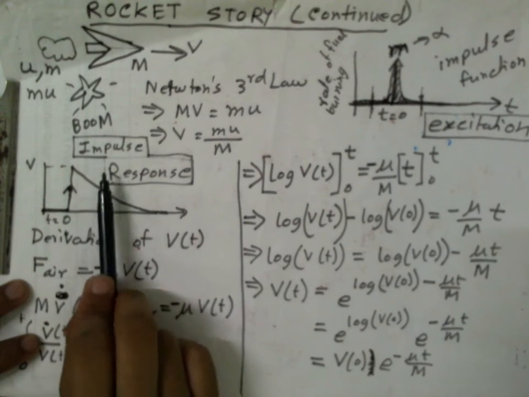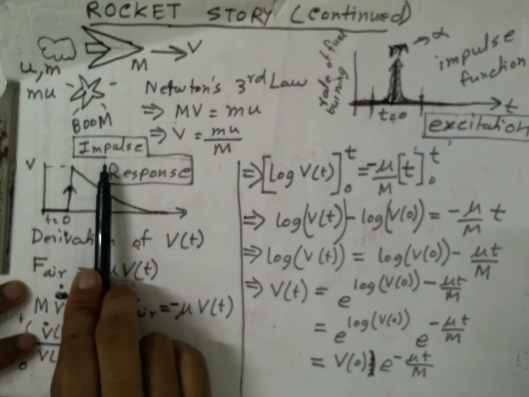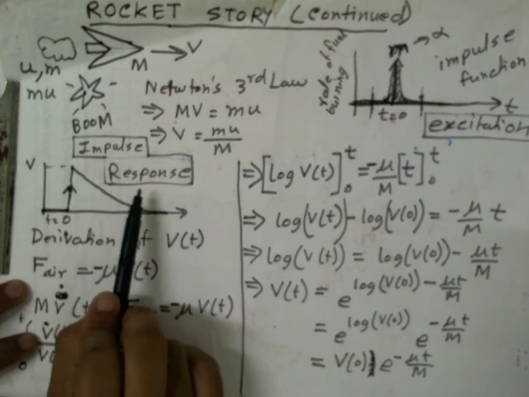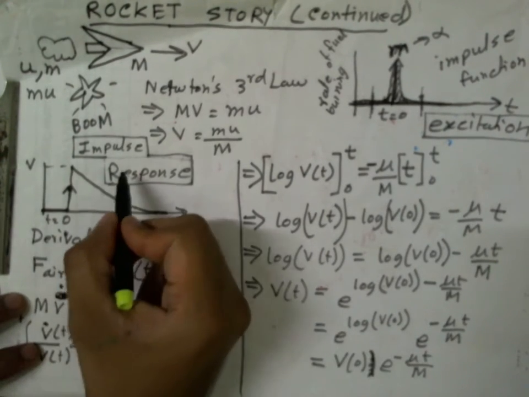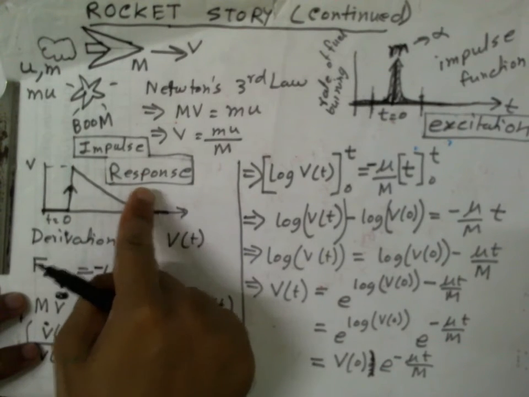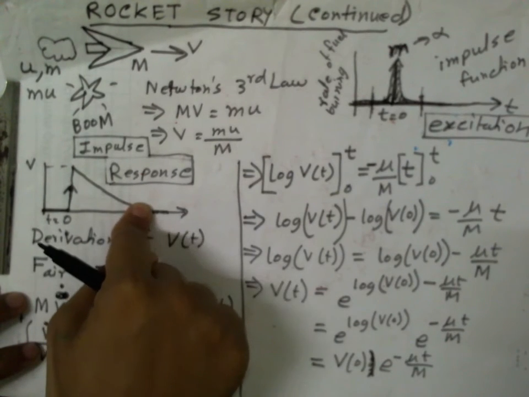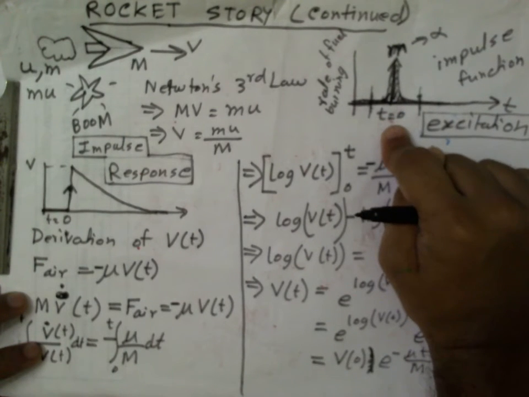That's why we call this an impulse response or response to an impulse function. We can also call this a unit impulse response if this is a unit impulse function.